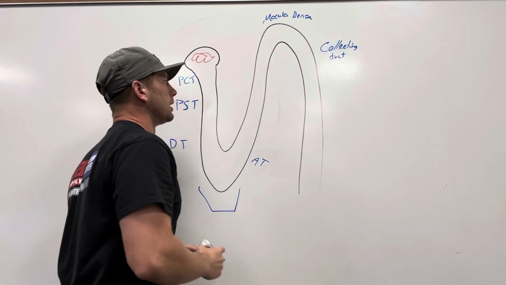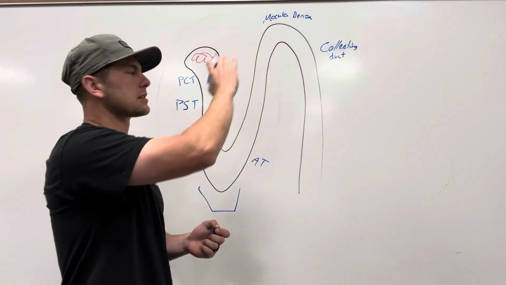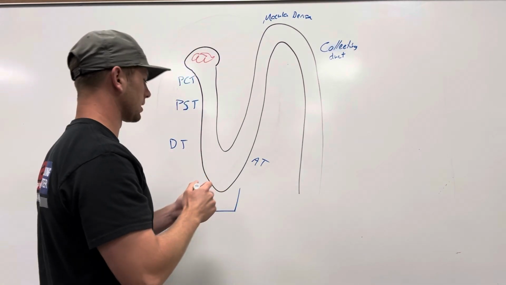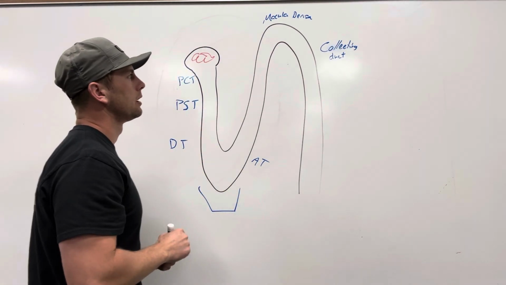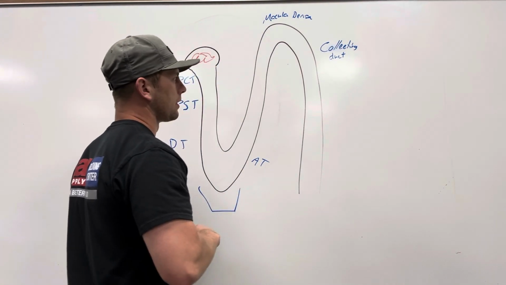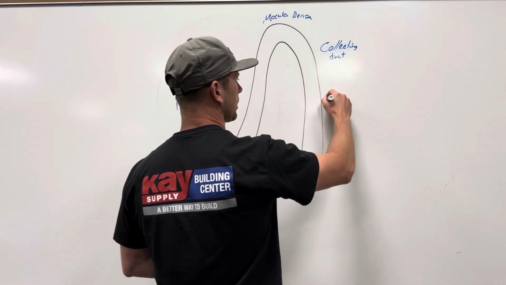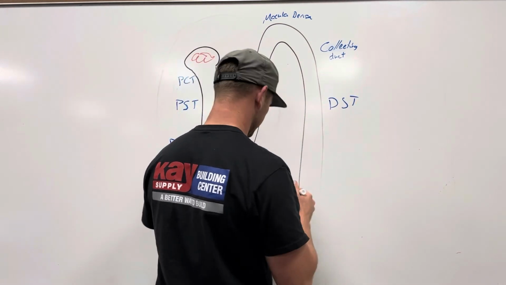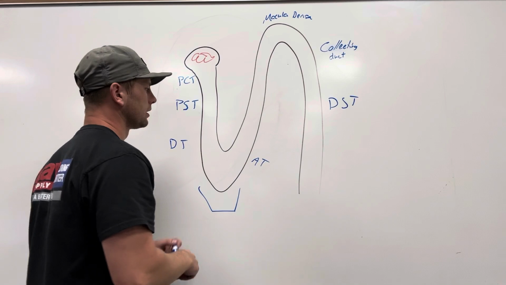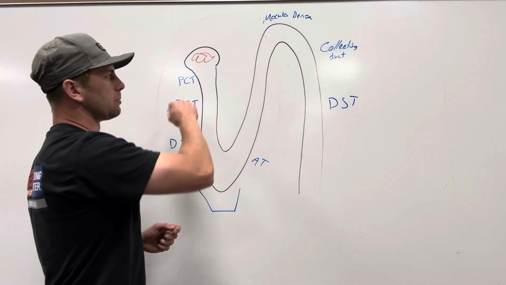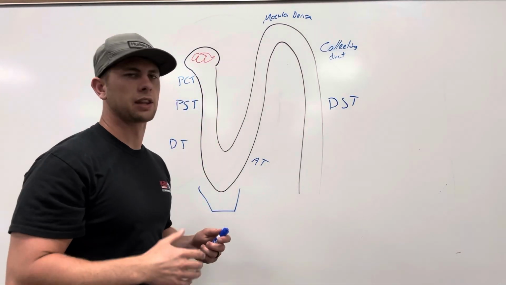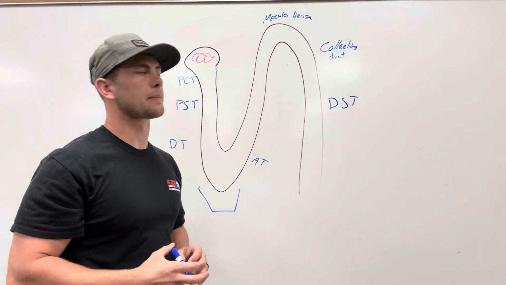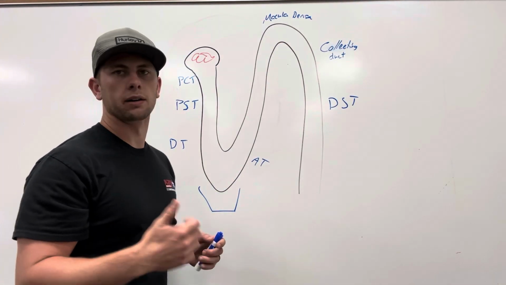And this isn't perfect, but this is a good drawing to help us understand what goes on where. And then we have a distal straight tubule somewhere. Okay. And then in each of these points, they reabsorb different stuff, whether that's water or different solutes.